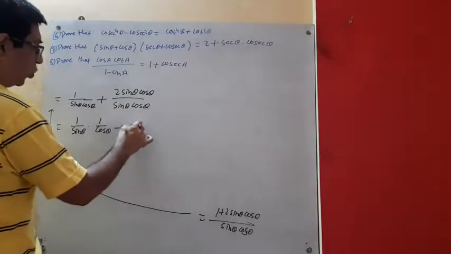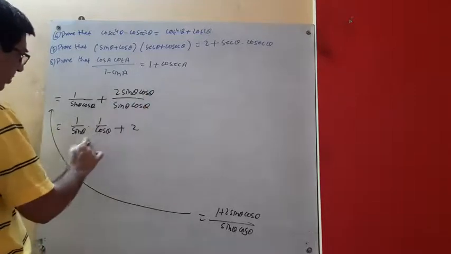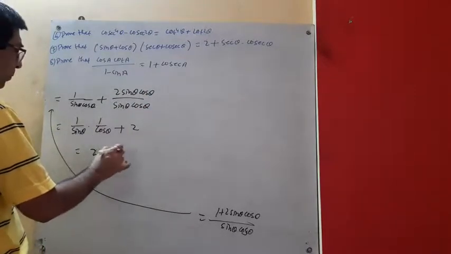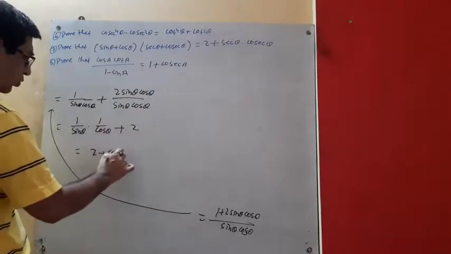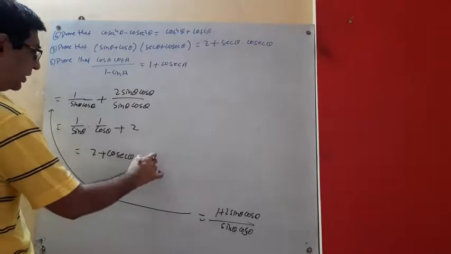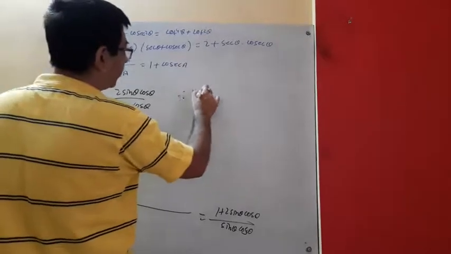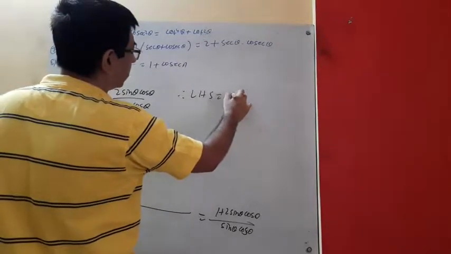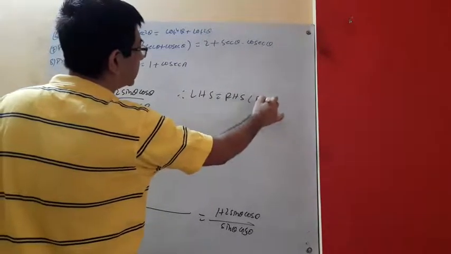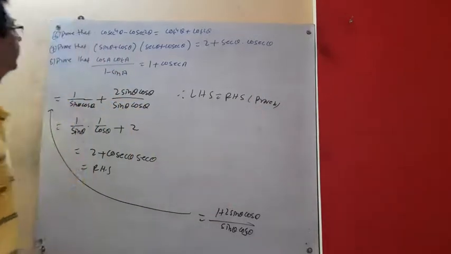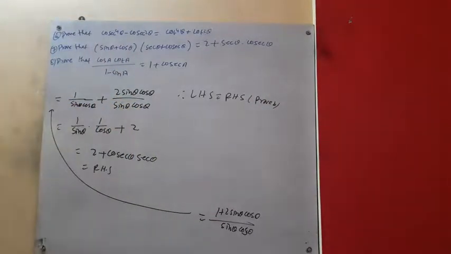This is 2 only, because sin theta cancel, cos theta cancel. So we get 2 plus 1 by sin theta is cosec theta, this is sec theta, equal to RHS. Therefore, LHS equal to RHS proved.